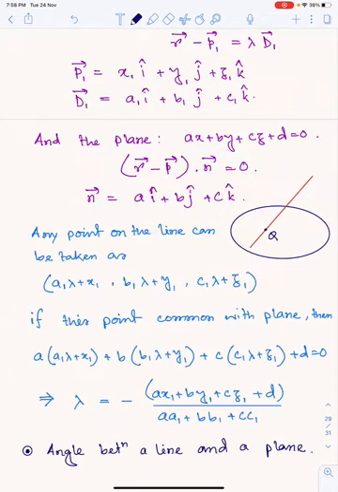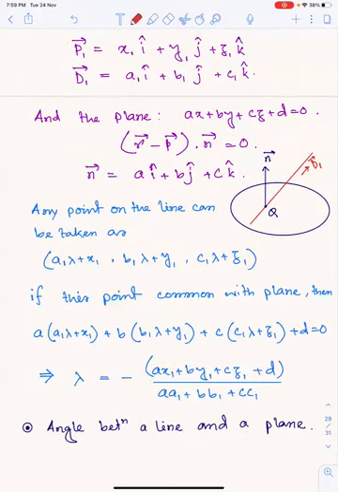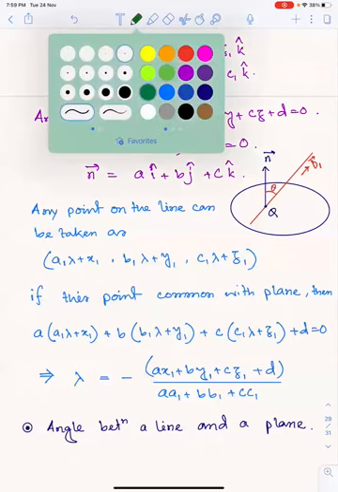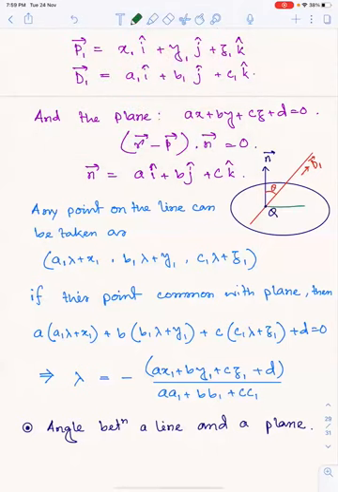Let us consider the outward normal direction ratio of this plane is that vector n we have marked, and this line is in the direction of vector d1, as we have assumed. So if this angle is theta, the angle between the plane and the line has to be the complementary part of theta?